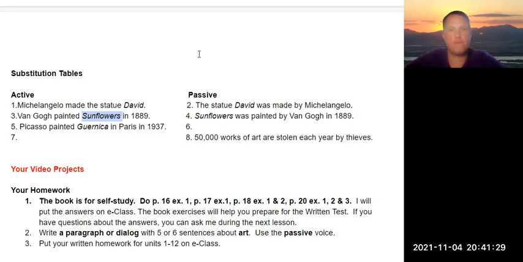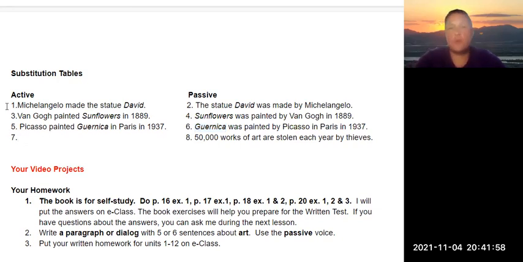Picasso painted Guernica in Paris in 1937. Guernica was painted by Picasso in Paris in 1937.